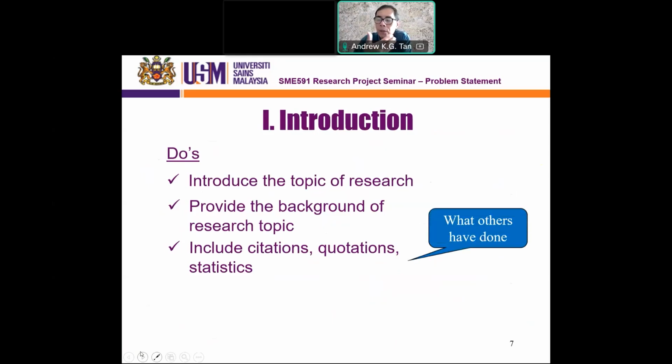So here, you are supposed to look at what other studies, what other researchers have done before by looking at the citations, the quotations, and the statistics. What others have done, what is the growth trend of whatever you are doing in your country or for your topic in the introduction.